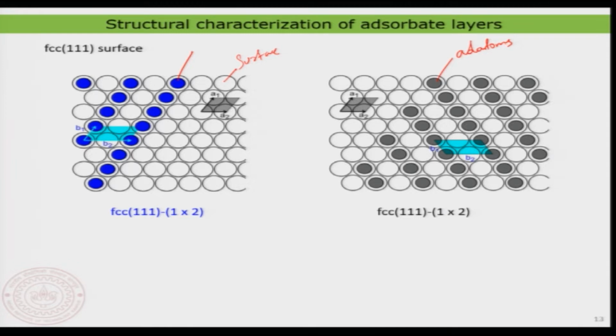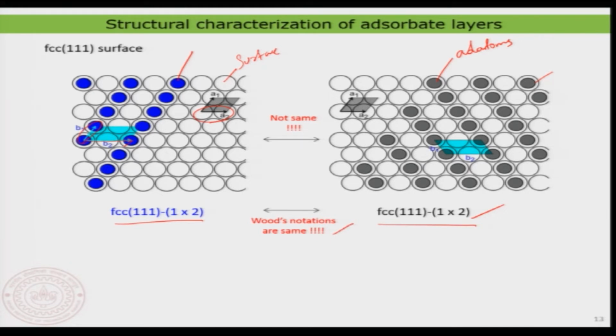Both of them look the same, and if you write down the Wood's notation of both of them, you would write 1 by 2 or 1 by 2, because the Adlayer lattice is 2 times that of the surface lattice along one direction, and along the other direction it is exactly the same as the surface unit lattice vector. So both names are basically the same.